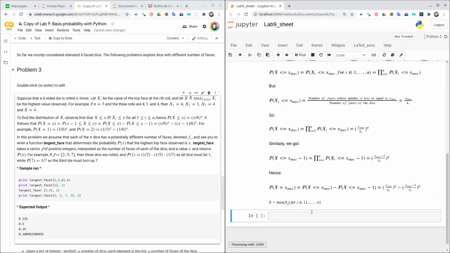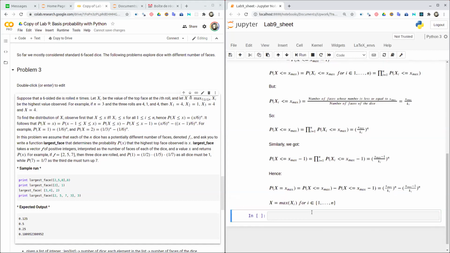Okay, I understand that. As it is the maximum value, if it is less than a certain value, it means that every xe is also less than this value. Agree? So, for example, if I roll the dice and my dice are 4, 3, 1, then the max value is 4, right?